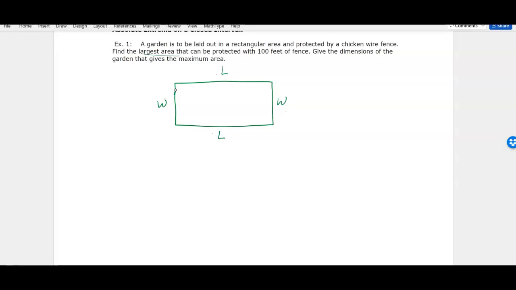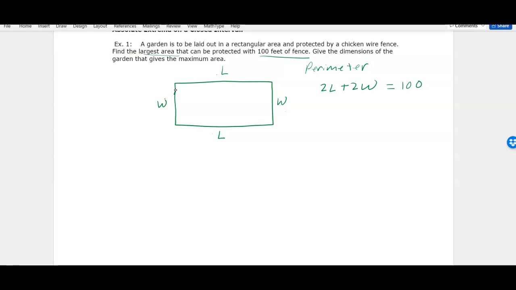What I do know is the perimeter is the amount of fence I need, and the perimeter of this will be 2L plus 2W. My problem tells me that at most, I have 100 feet of fence available to me. So that 2L plus 2W has to equal 100.